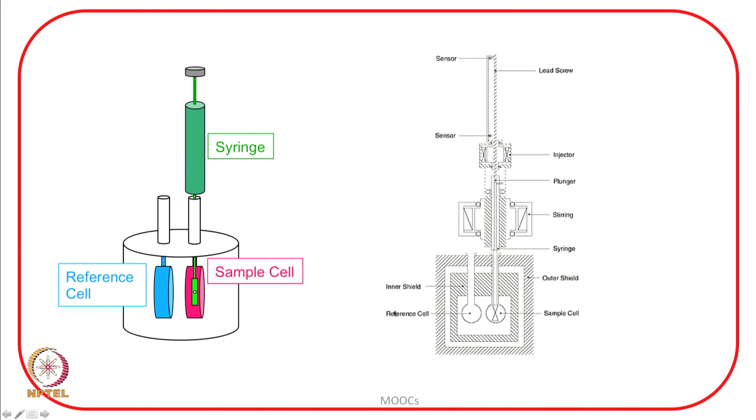So, this is how the things look inside the calorimetric cells. The reference will contain usually the buffer, and the sample cell will contain the sample of interest or the macromolecule of interest, and the syringe will have the ligand.